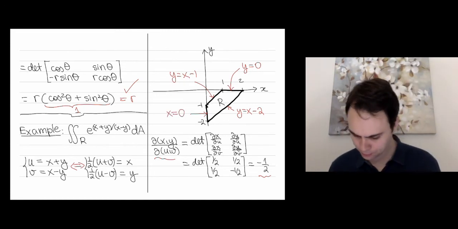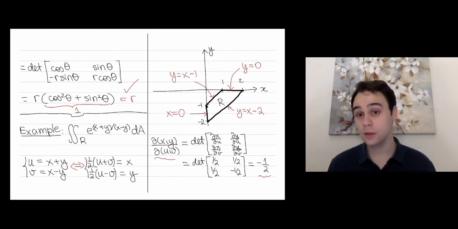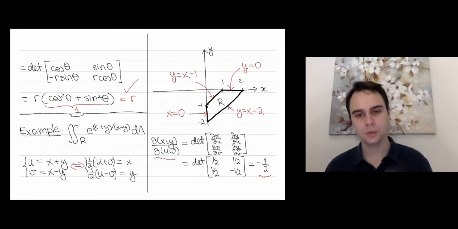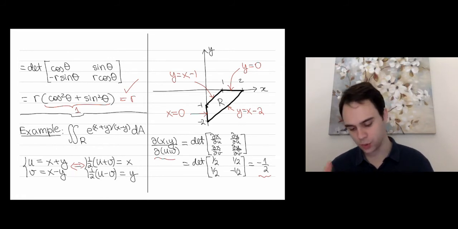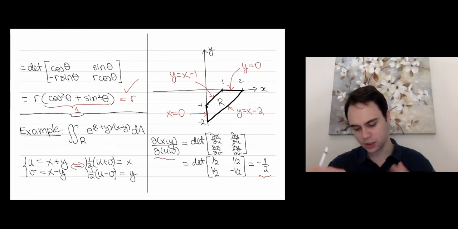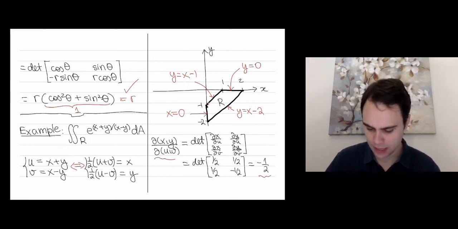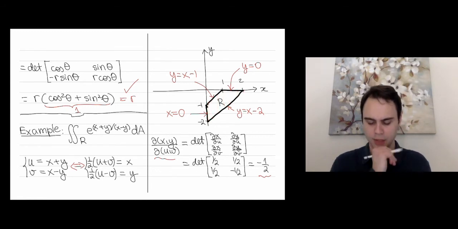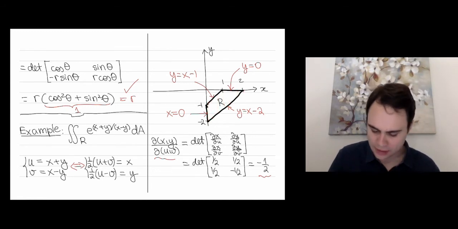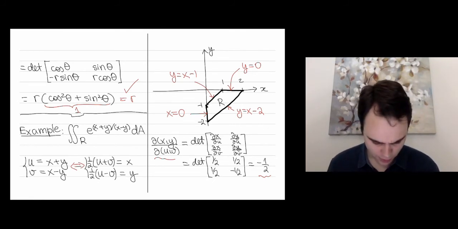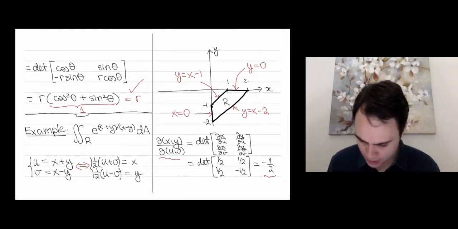Okay, so these are equations for 4 lines, and knowing these 4 lines, we can recover the region R. It's a region bounded by these 4 lines. Now let's translate all of these equations to U and V. So the first equation is y.